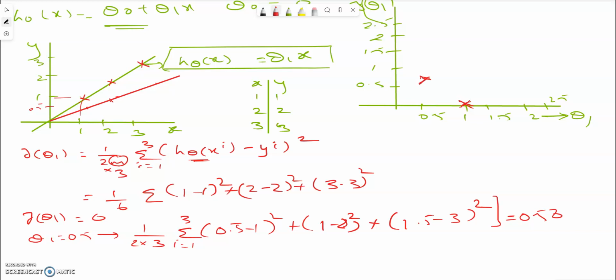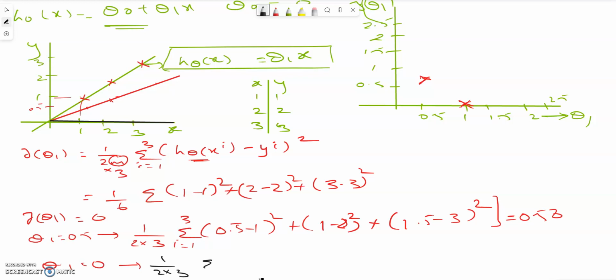Now similarly, when you want to calculate the value when theta 1 is equal to 0, you can find it again here. Theta 1 is equal to 0 means you will have a line like this, because there won't be any slope. Then let me write 1 by 2 into 3 here.